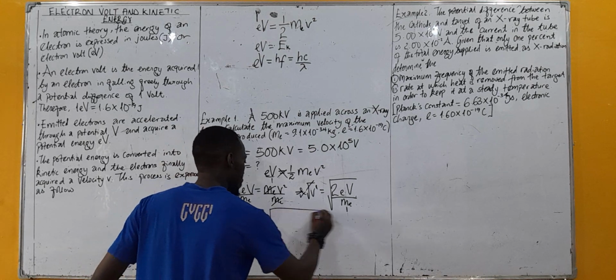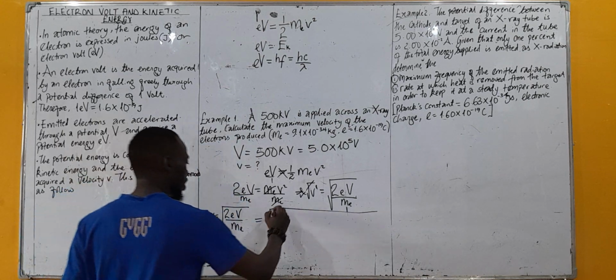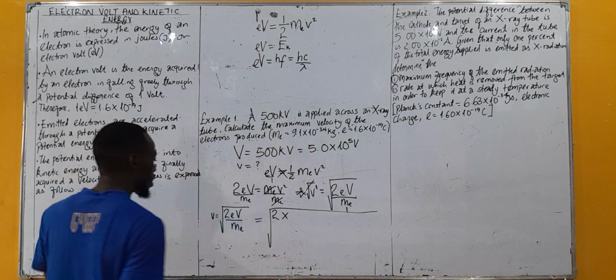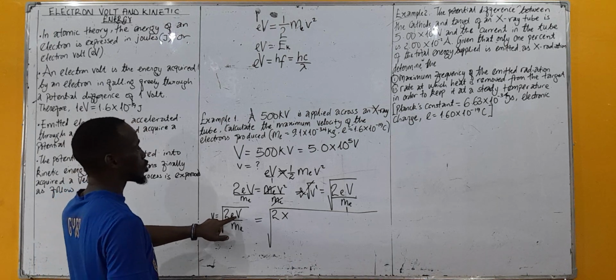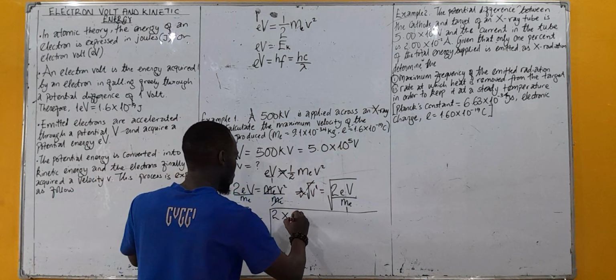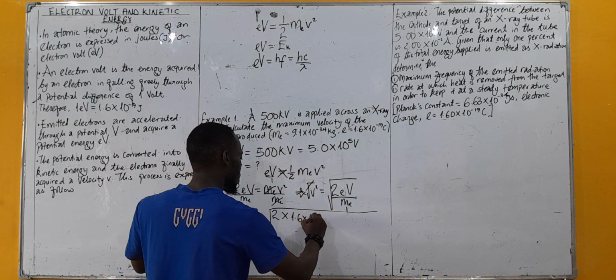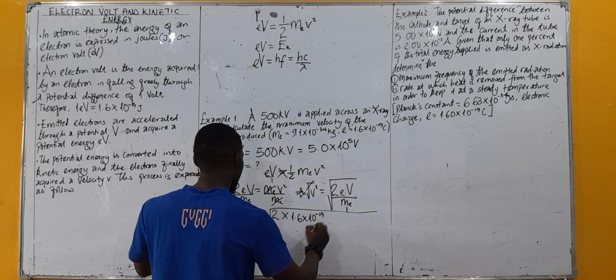I'm going to take a very, very big square root, and this is 2 times, what is our electron? Our electron charge is 1.6 times 10 to the power of minus 19.